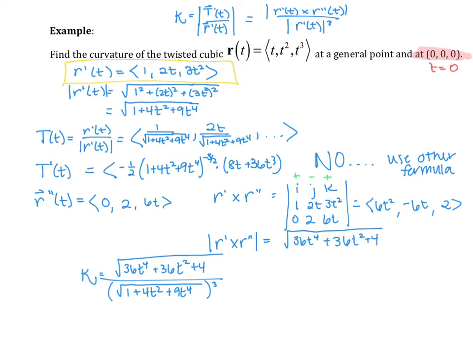So I'm going to evaluate this whole thing when t equals 0. That makes my life really easy, because the curvature here is going to be the square root of 4 over this 1 to the 3rd power. And so we get 2 over 1. So my curvature for the twisted cubic at the point 0, 0, 0 is 2.